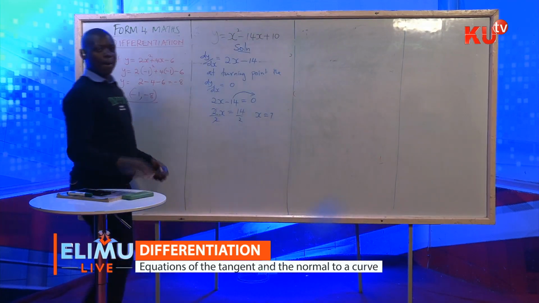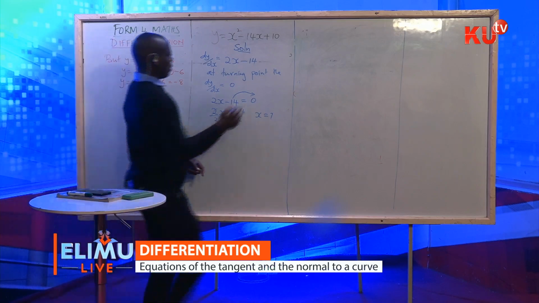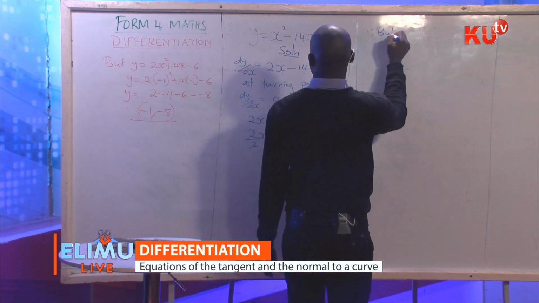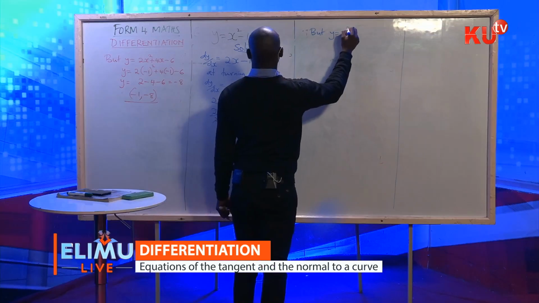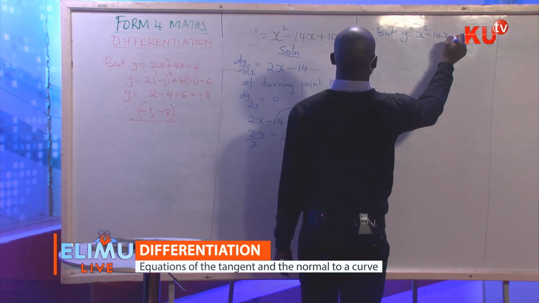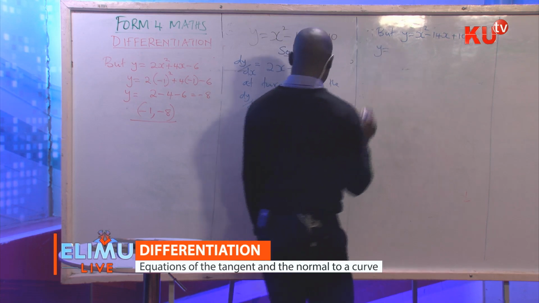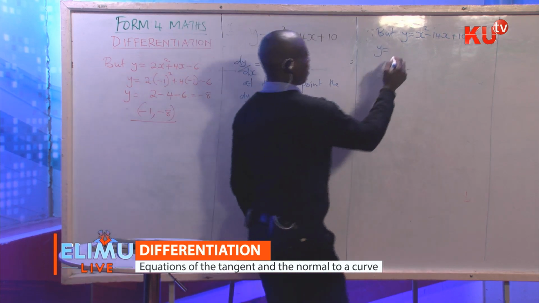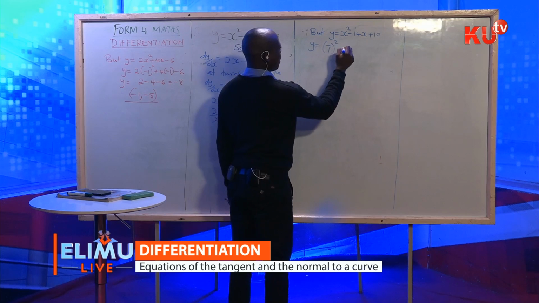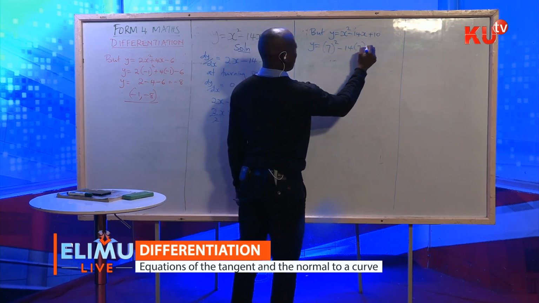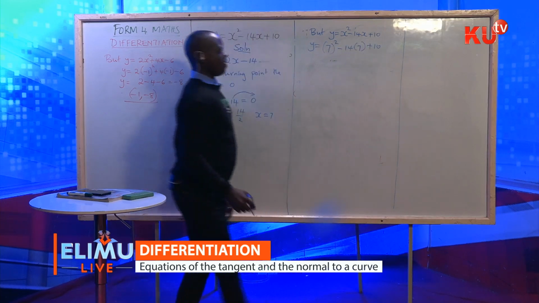So what do we do, students? We say, y is defined by x squared minus 14x plus 10. So y is equals to, x is 7, so we'll have 7 squared minus 14 into 7 plus 10.